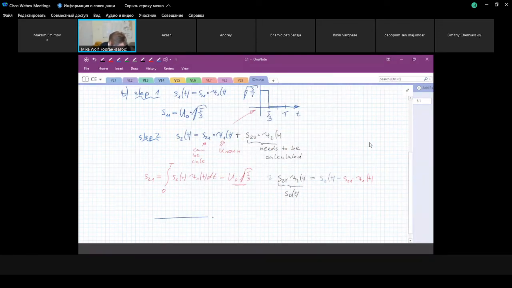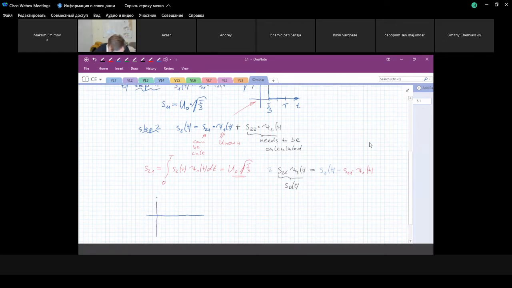And then we can proceed in the same way in order to find all the other required basis functions. So I draw it like this, and let's say I draw S2 of t in blue. This is t, and this is S2 of t.